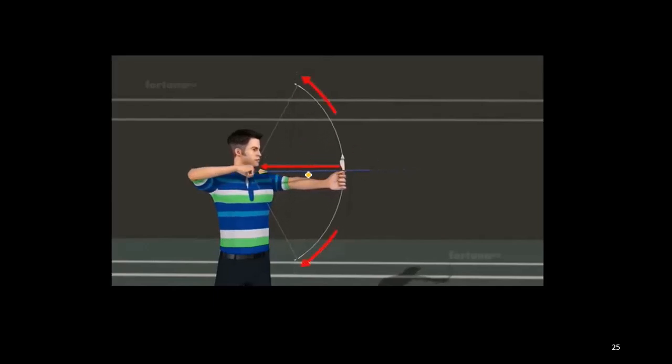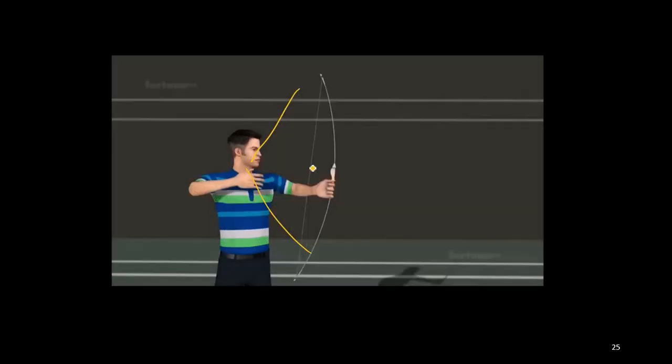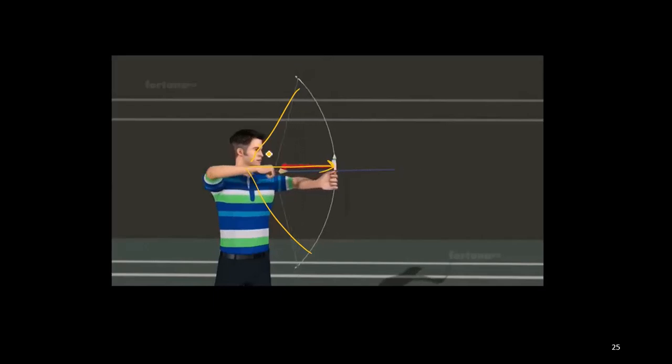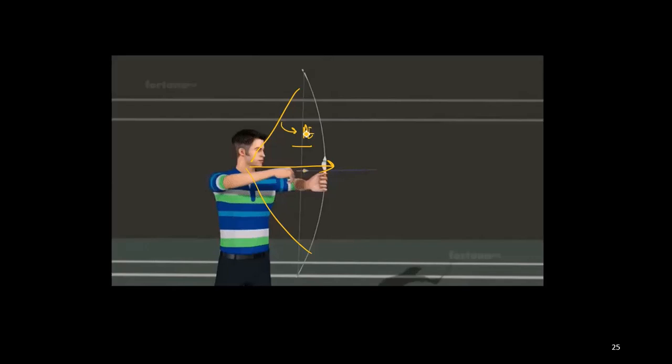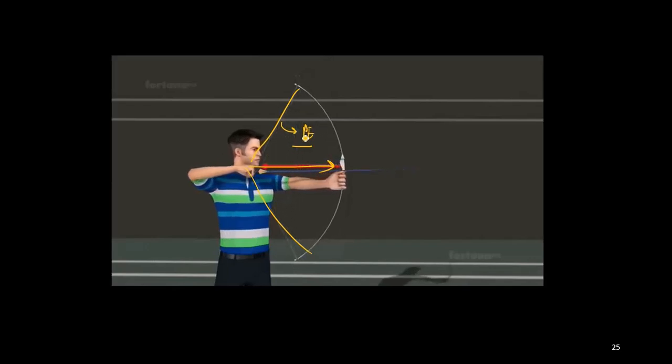Once we stretch the string, this is the stretched position, and now we can go in this direction. Once I stretch the string, some energy is stored inside the string. We call it the spring potential energy. Once I release my hand, the entire potential energy stored in the string goes into the bow.